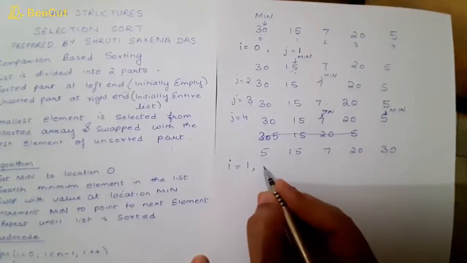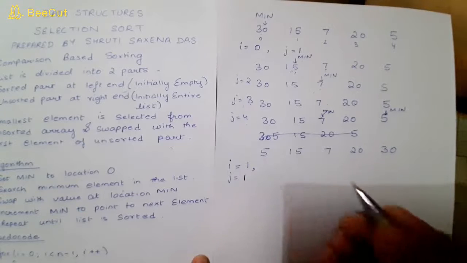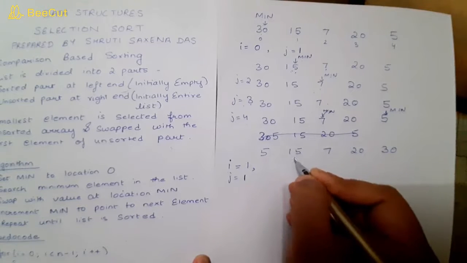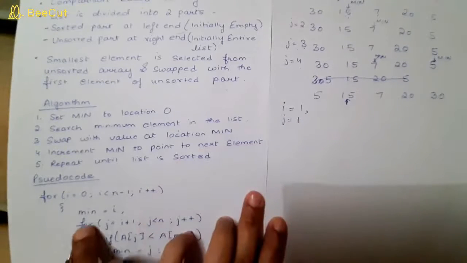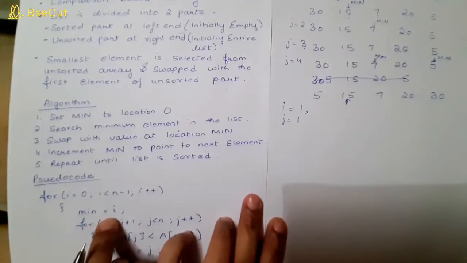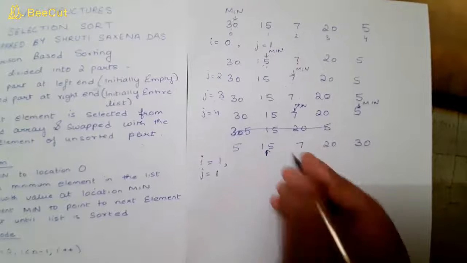What will happen? Again we will start. So i equals 1 means this one. So in the code you must have seen i value will be incremented, min value will be i. Min equals i means in this case min equals 1. So min is pointing to 15.